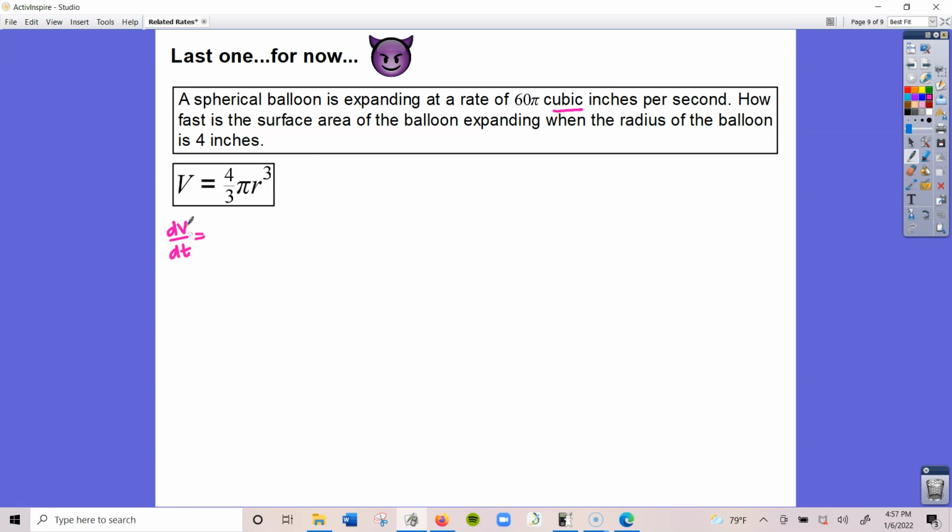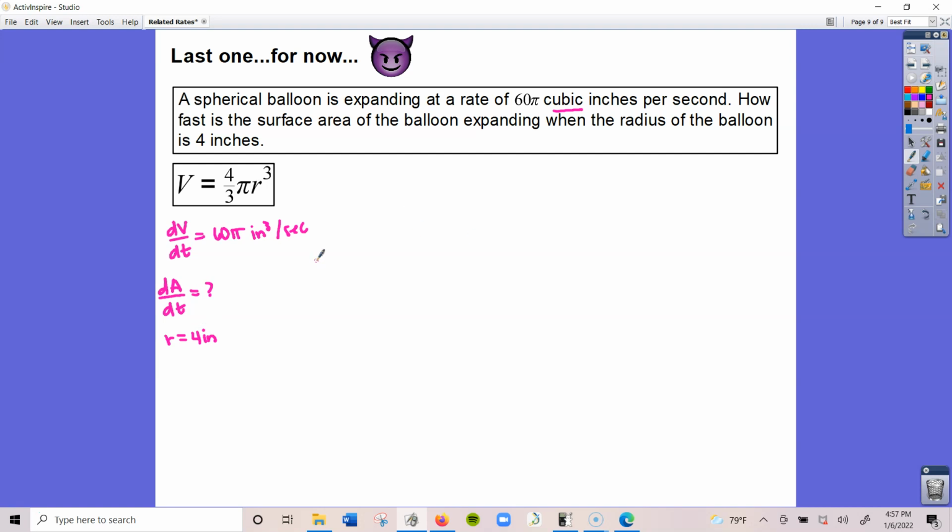So that is increasing. So this is a positive 60 pi cubic inches per second. How fast is the surface area of the balloon expanding when the radius of the balloon is 4 inches? So I'm looking for dA/dt.